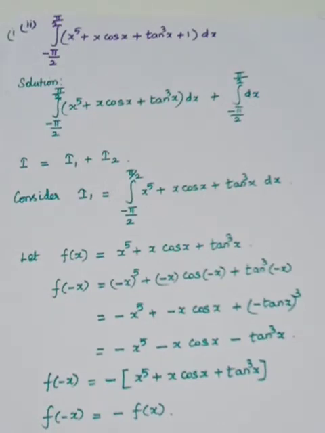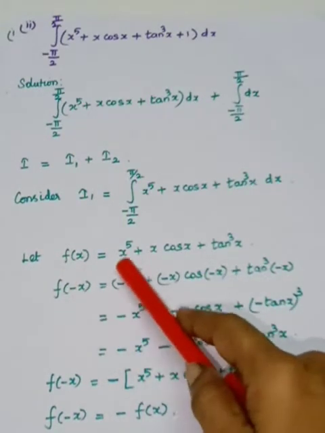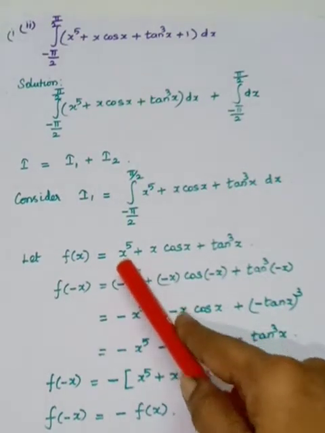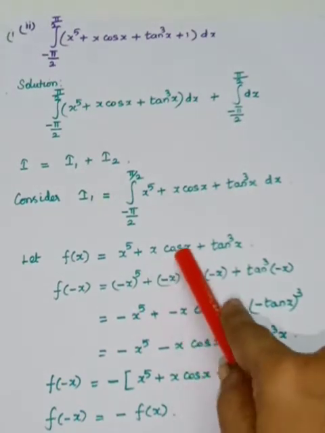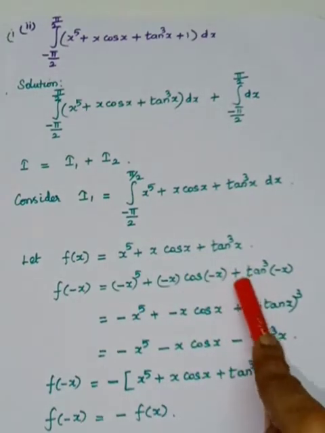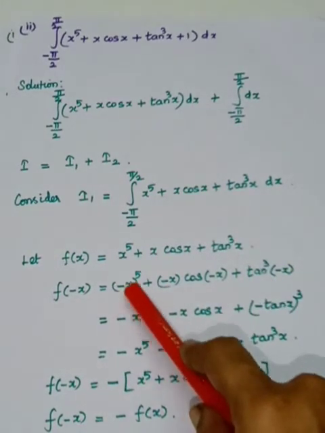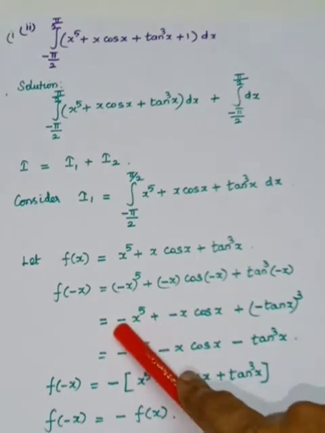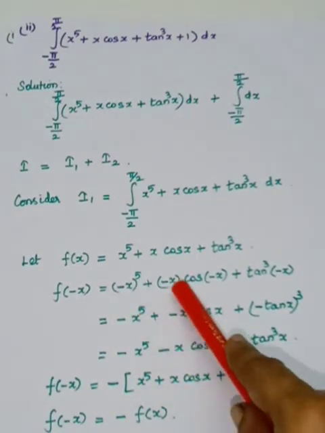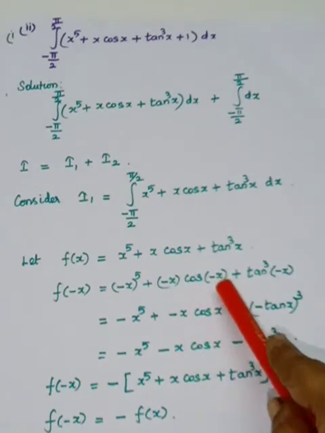For that, replace x by minus x. It can be written as (minus x) the whole power 5 plus (minus x) cos of (minus x) plus tan cube of (minus x). What is (minus x) the whole power 5? 5 is odd, so it is minus x power 5. Here you will have minus x times cos of minus theta.